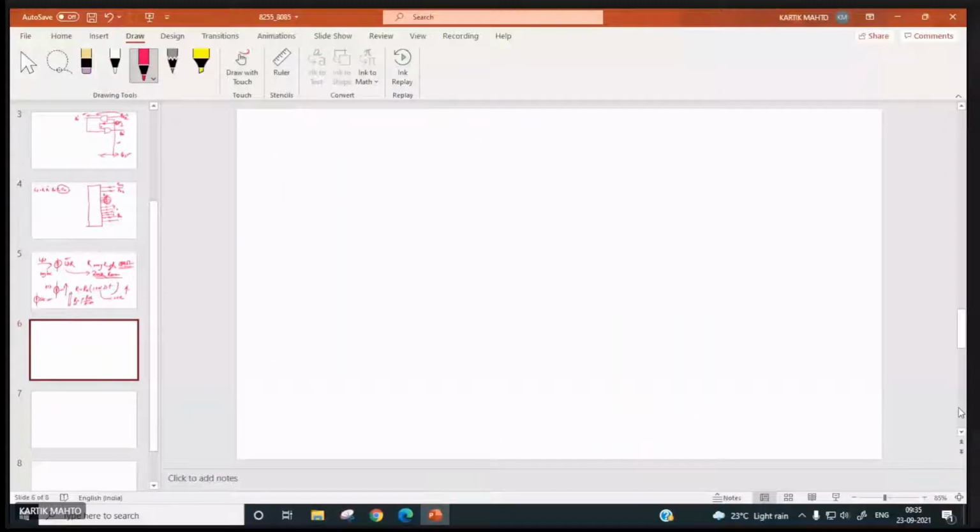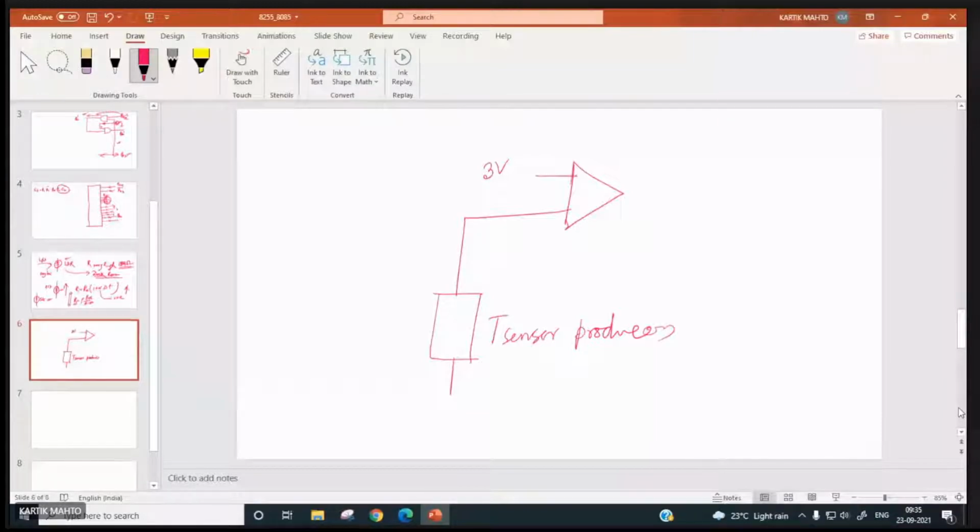So suppose this is 3 volt, right? And if a temperature sensor produces 100 millivolt per degree centigrade, right?